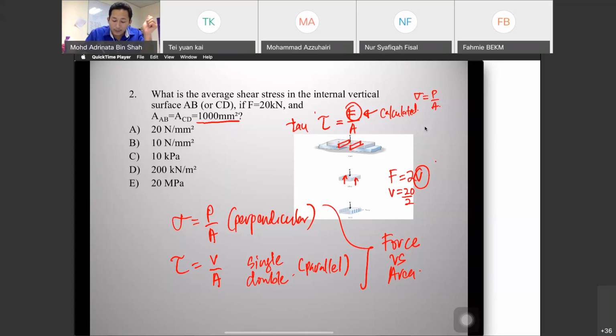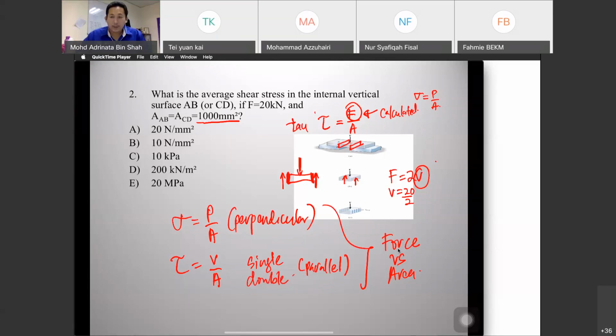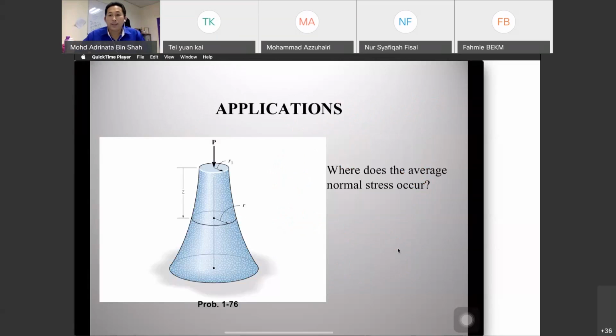Okay. So kalau macam ni kita tengok daripada sisi F2D F, okay, so ni dia punya V. So ini adalah permukaan yang parallel dengan force, parallel dengan force dia. Okay. Dia bukan 90 degrees. Normal stress and shear stress.